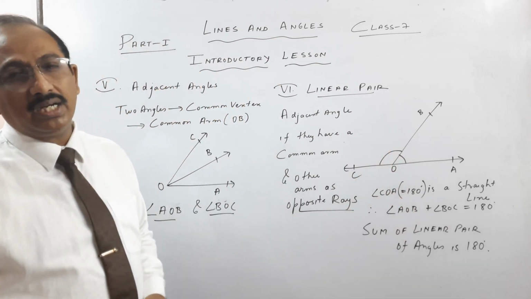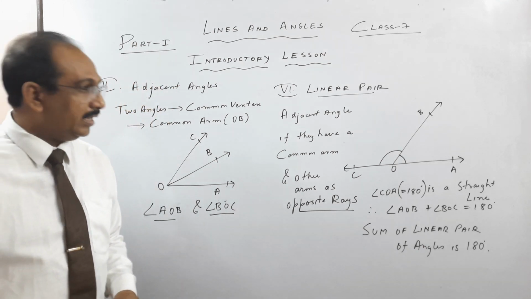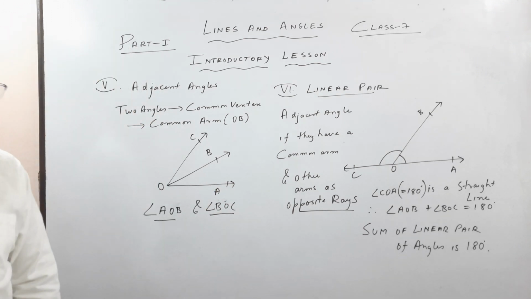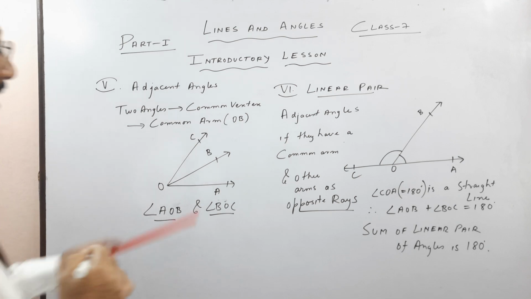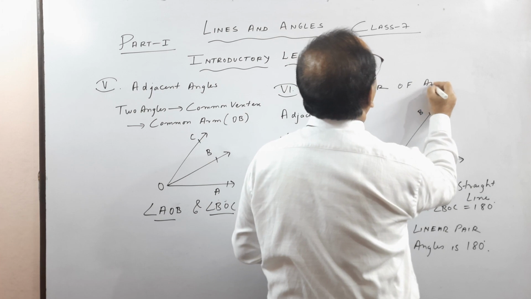Okay, so next I'll teach you about straight line angle and angle round a point. We will see. So kindly pause the video and copy. So just note here, children, this will be linear pair of angles.